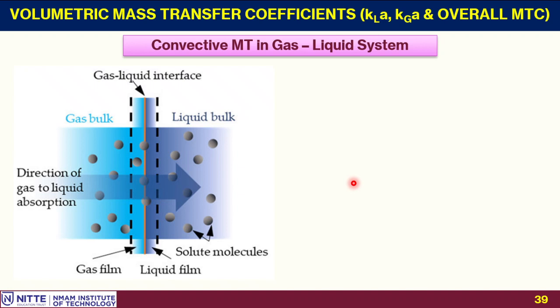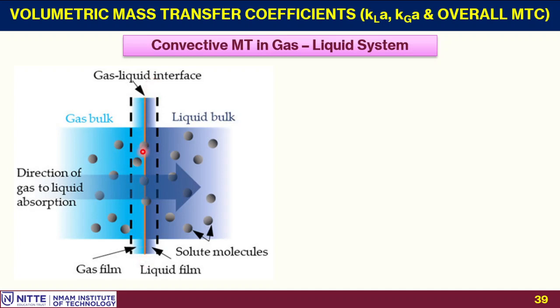Moving ahead, first let us understand convective mass transfer in a gas liquid system. From two film theory, we have understood that whenever a bulk gas and bulk liquid come in contact with each other, and a molecule transfers or diffuses from gas to liquid or liquid to gas, you come across a thin film.